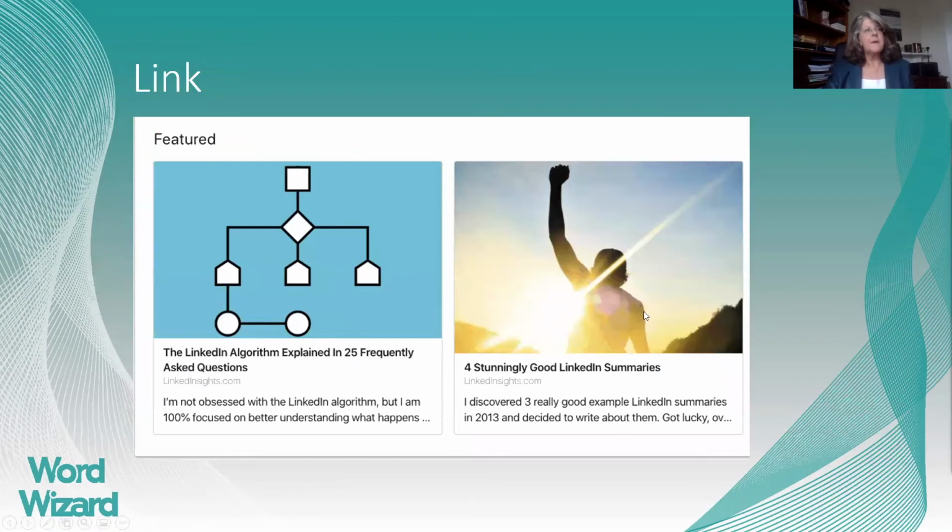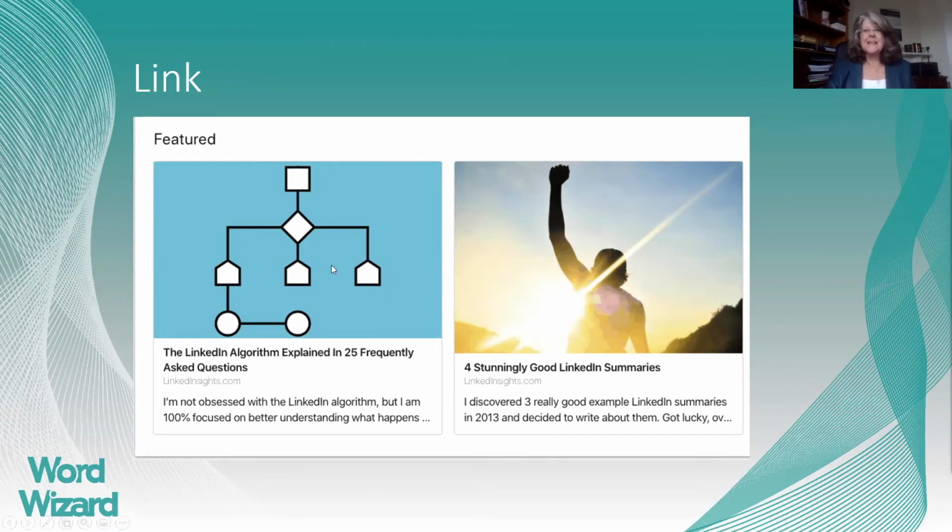From articles, let's go to website links. Now, this is the entire featured section of this profile, and the person who has it only has 2 items on it. I'm fairly certain that this is a conscious choice, because the thumbnails are nice and big, so they really stand out.